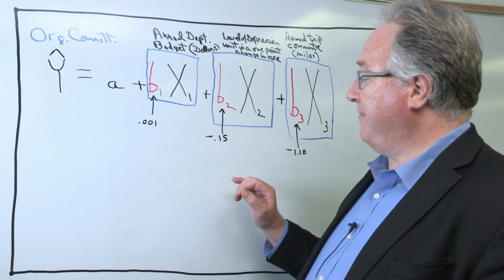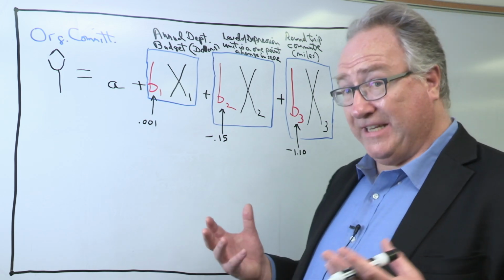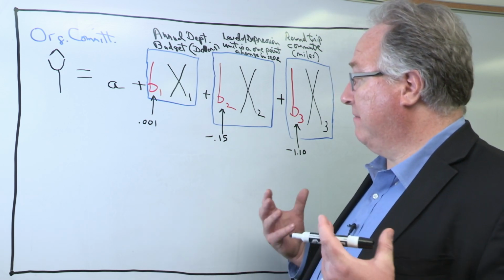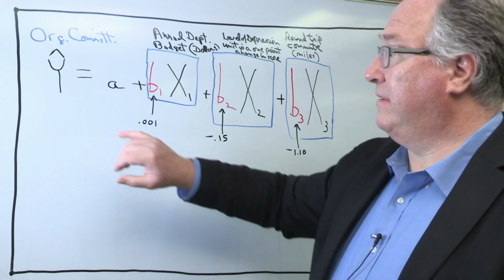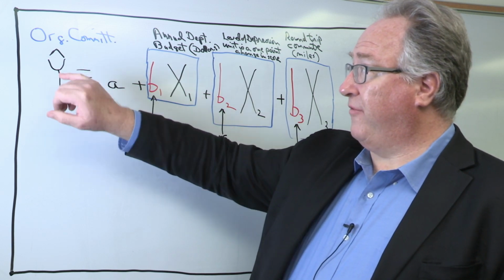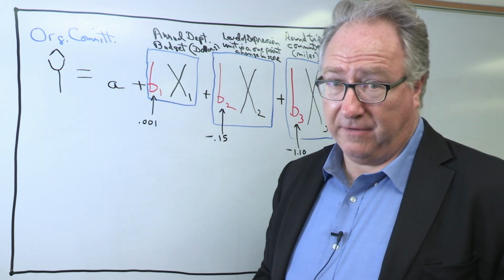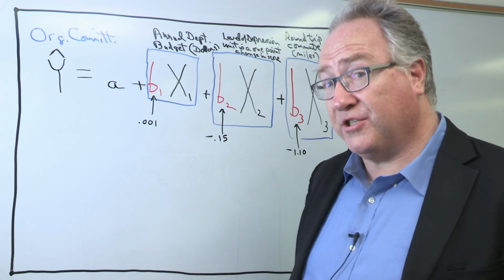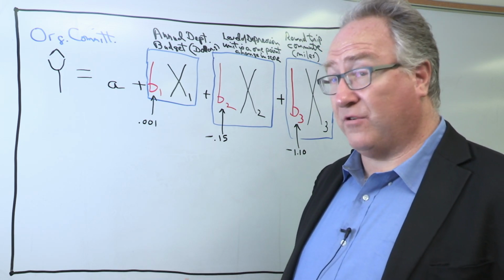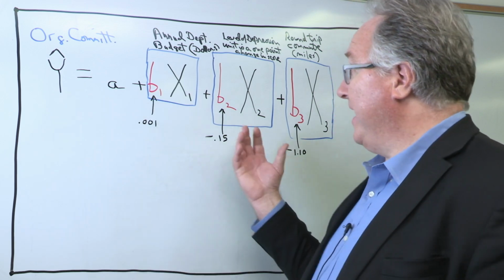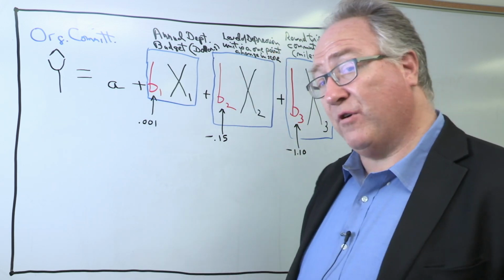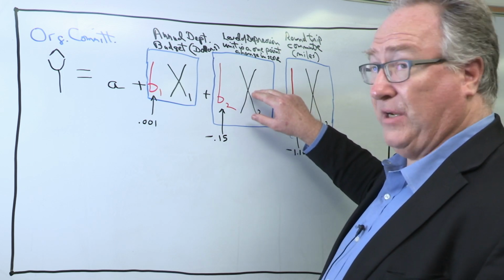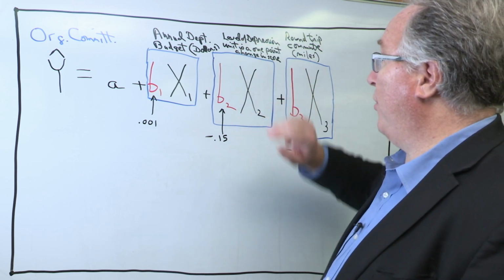So what this is saying is that there is a decrease of 0.15 of a unit on our outcome variable, organizational commitment. For every 1 unit of increase, so you notice they're going in different directions, decrease here, increase here. For every 1 unit of increase on our second predictive variable, level of depression.